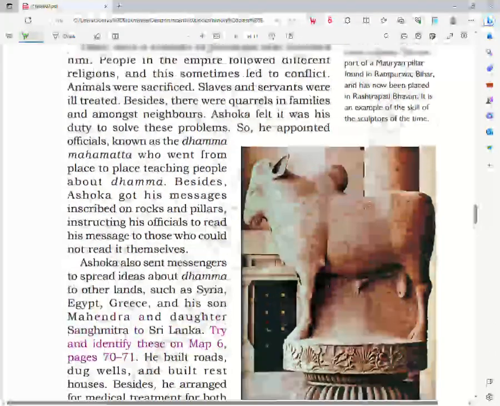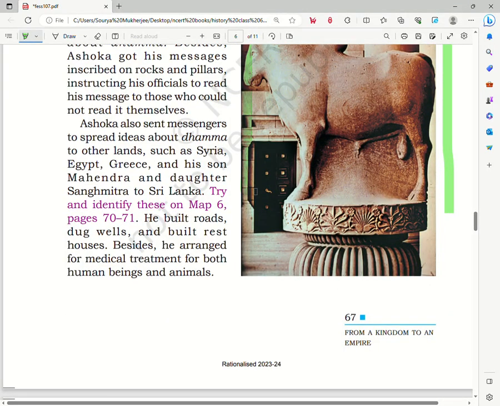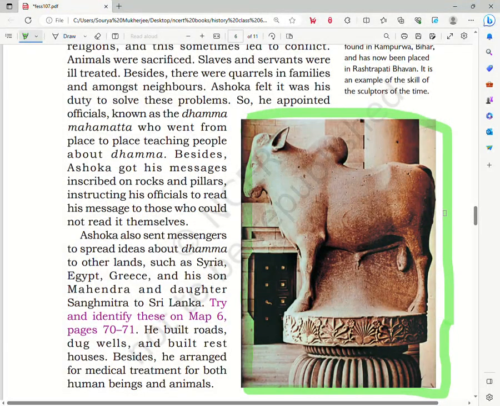Before we do that, let us look at this picture, which is known as the Rampurva bull. If we have seen videos of the Rashtrapati Bhavan, we would have noticed that in front of its main entrance, this statue is situated.